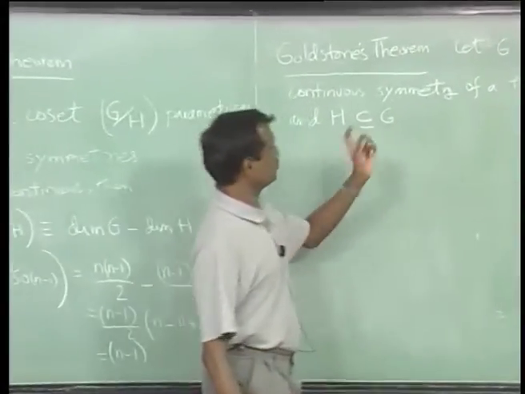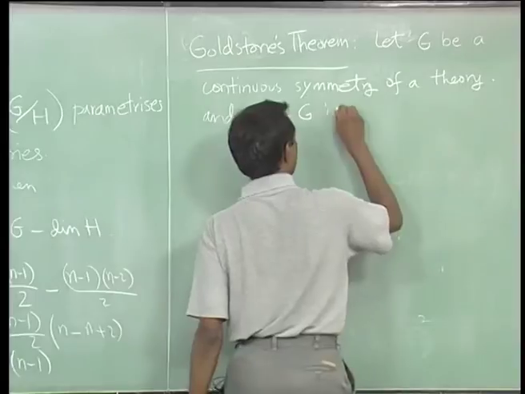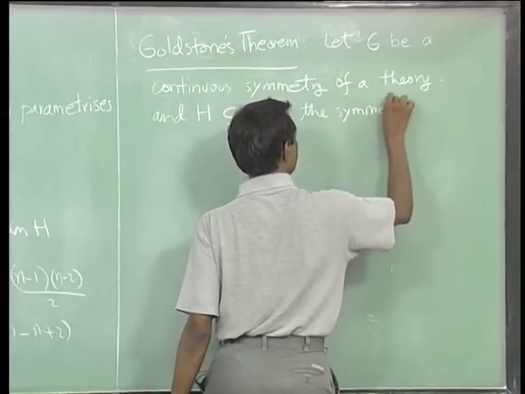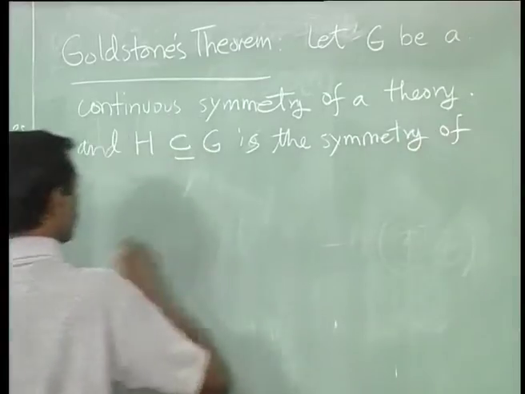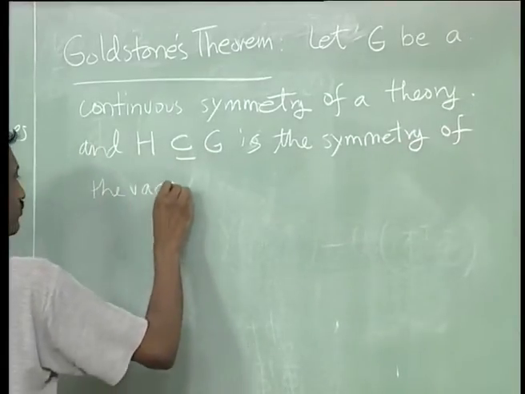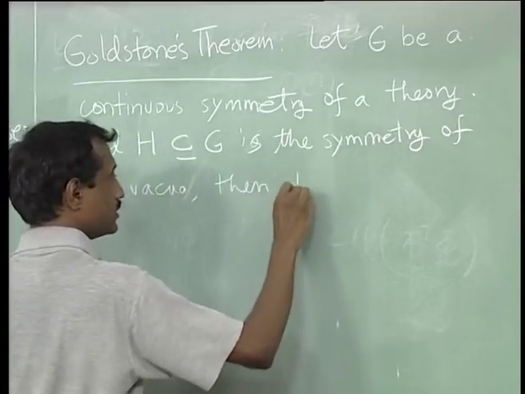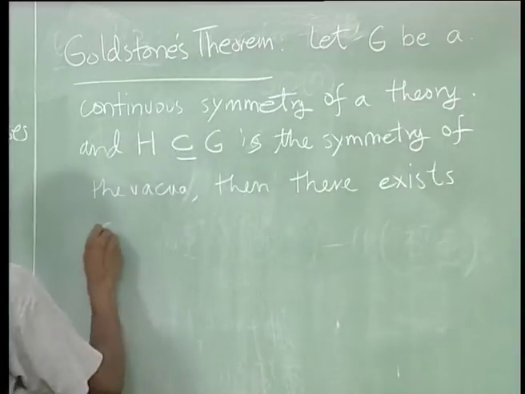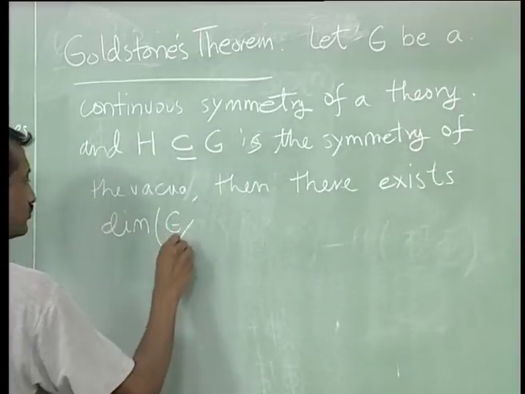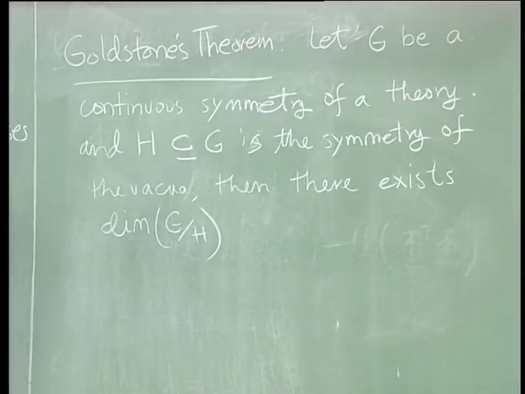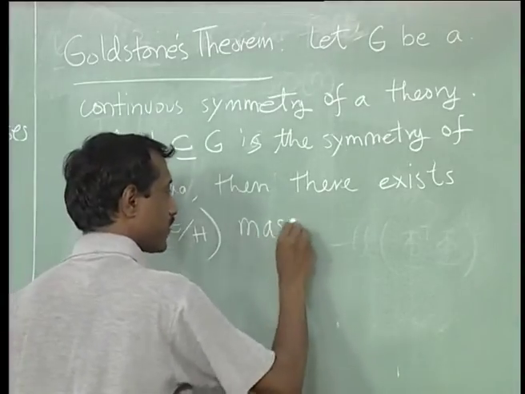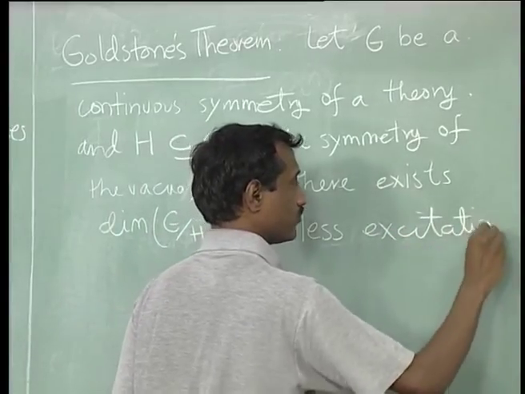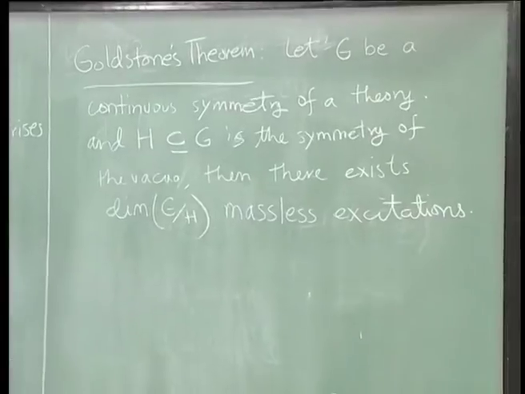And H is the symmetry of the vacua. Then there exist dim G mod H massless excitations.